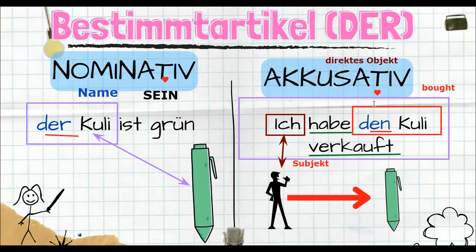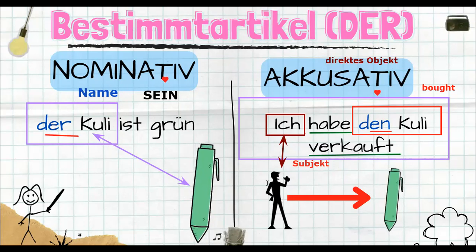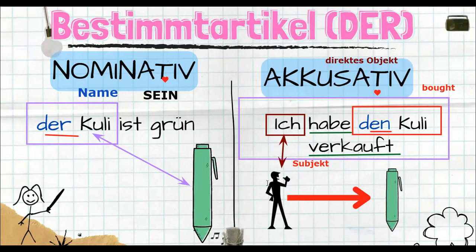Accusative. And the subject can be any person: ich, du, er, sie, es, wir. I just want you to remember that, because that is going to make things easy for you in the future. And masculine is the only one that is going to be different in a visual way, because the nature of accusative is always the same, okay?